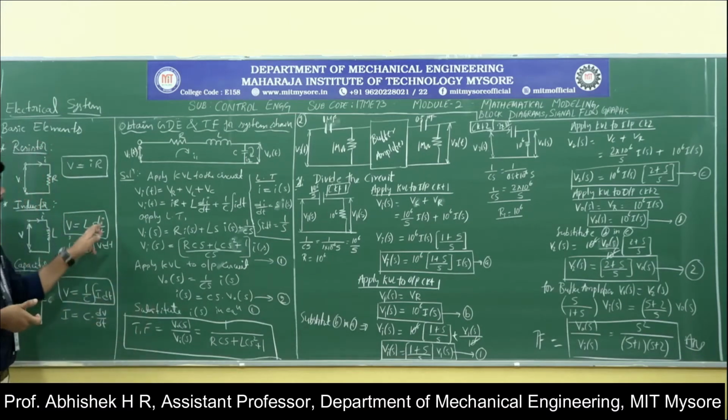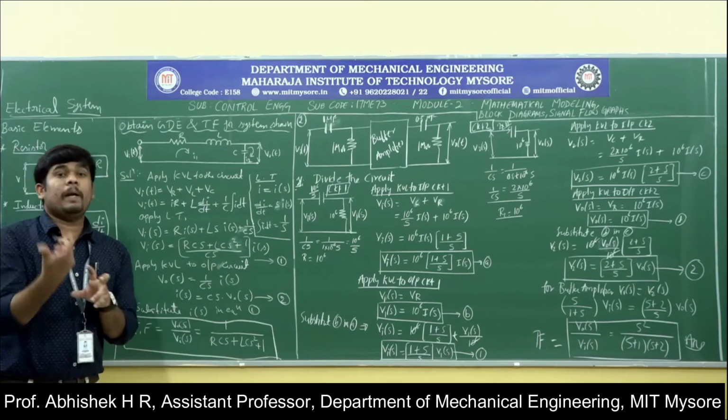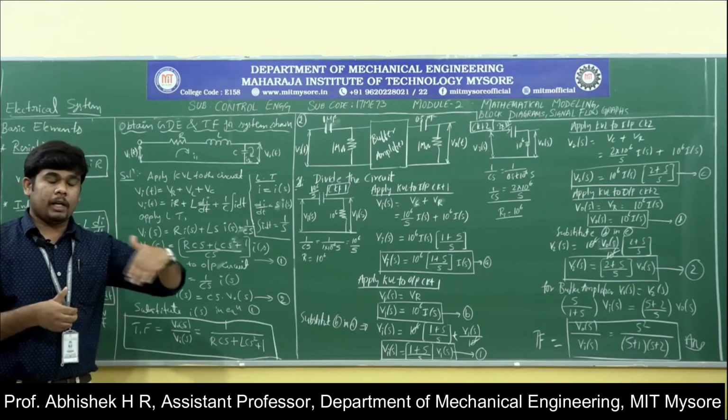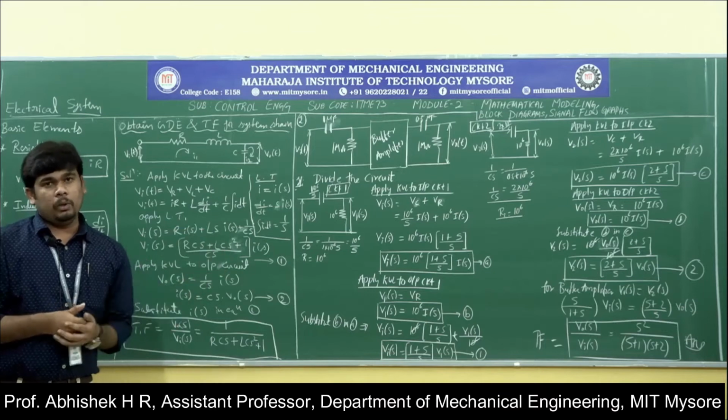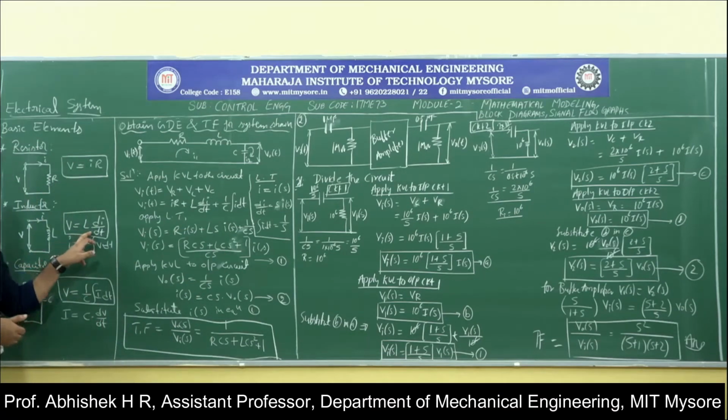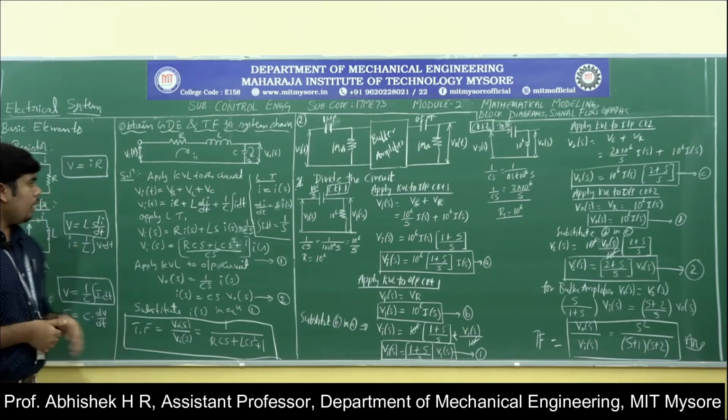Current flow is going to vary with respect to time, which is why I have written L into di by dt. And third, for the capacitor, V equals 1 by C into integral of I into dt.